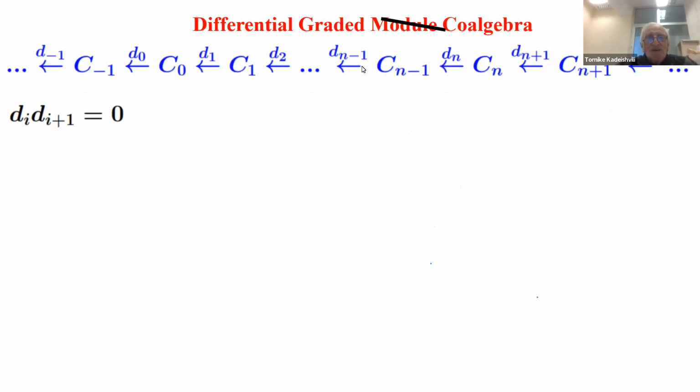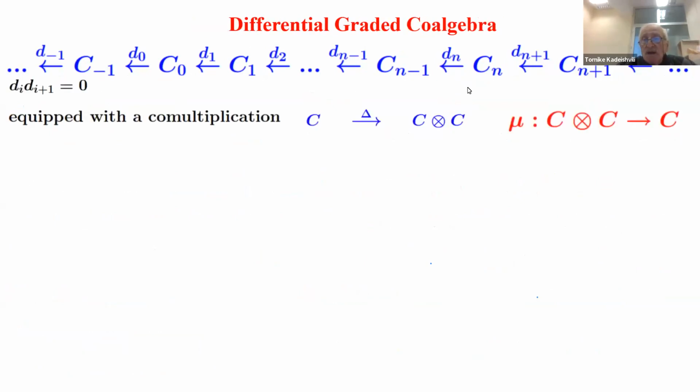Let me mention also one more thing. We had here a differential graded algebra. And what was an algebra? Algebra was the product C tensor C to C. And coalgebra is, a little bit sadistically, a thing from category theorists: invert all arrows. Invert this multiplication, and we obtain co-multiplication.